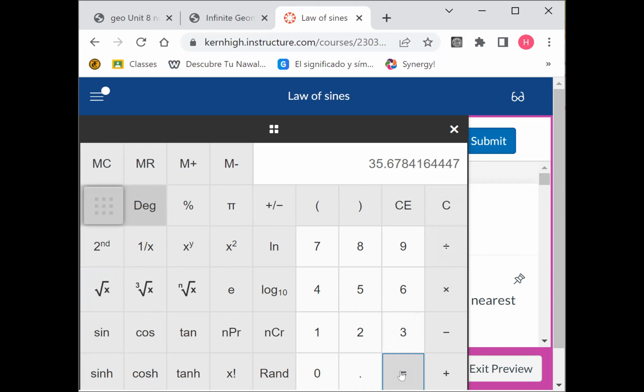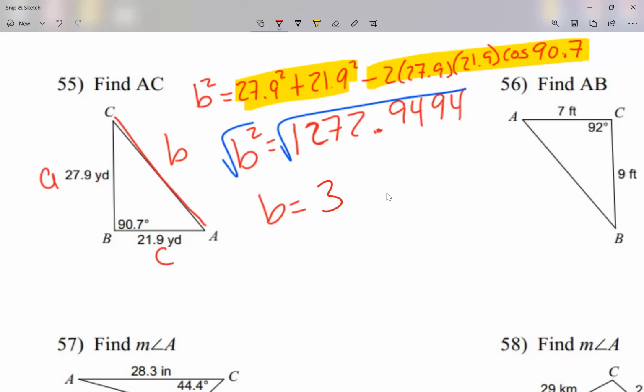Oh, okay, so now this one is not 35.0, it's 35.67. So rounded to one decimal place, I'm gonna call this 35.7. So now the decimal is not optional. 35.7.